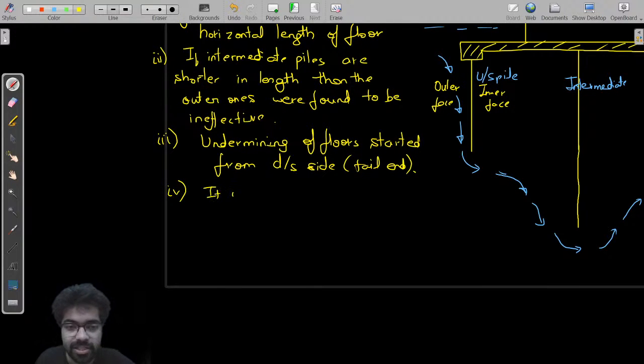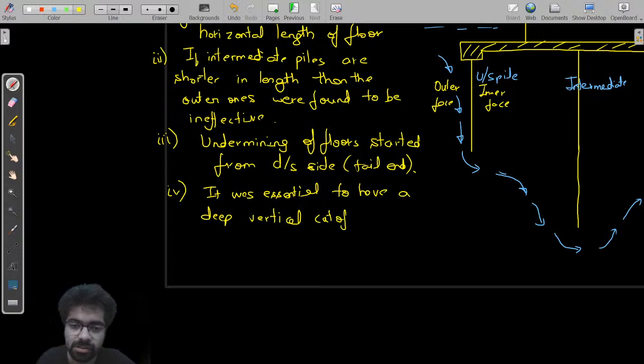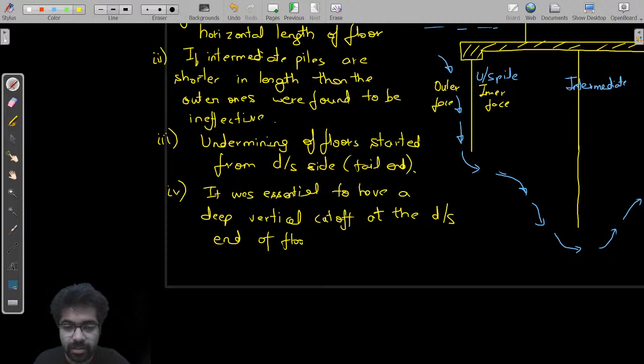It was essential to have a deep vertical cutoff at the downstream end of the floor to prevent piping or undermining.